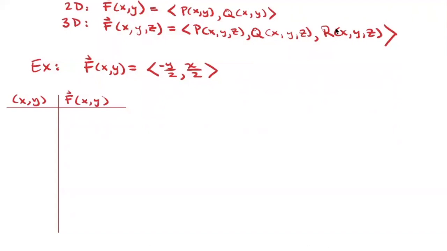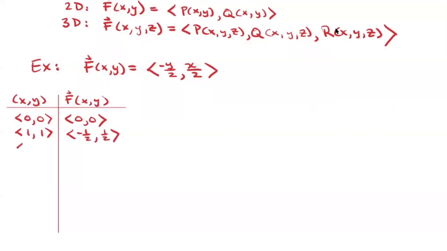Just real quickly, it's easy to see that the input vector 0, 0 has an output of 0, 0. Then let's do 1, 1. The output here reverses the coordinates, changes the sign of the y, and divides by 2. So you're going to get negative a half, positive a half.